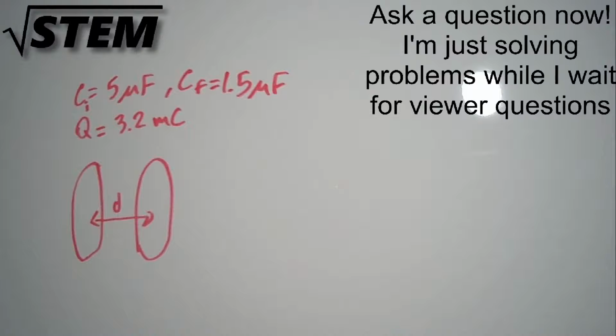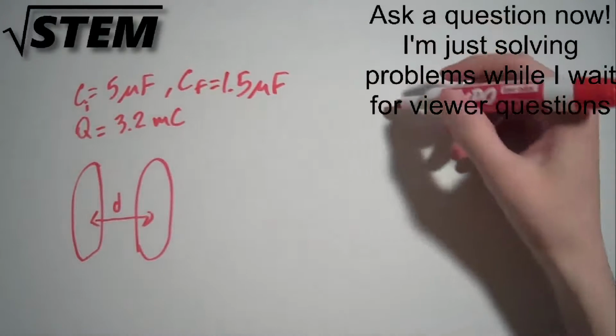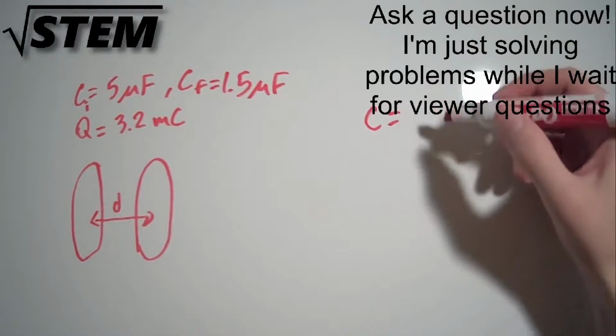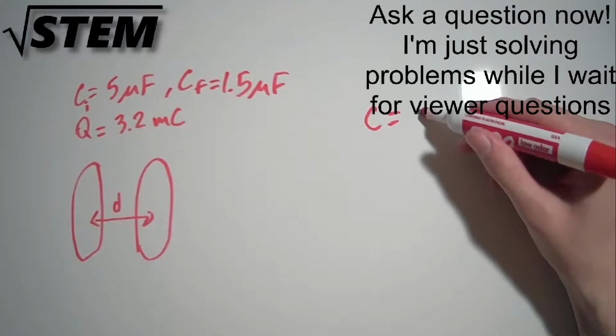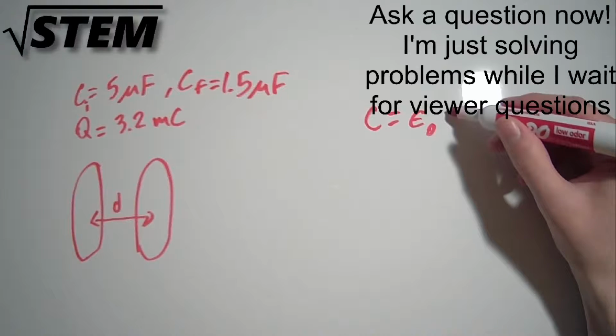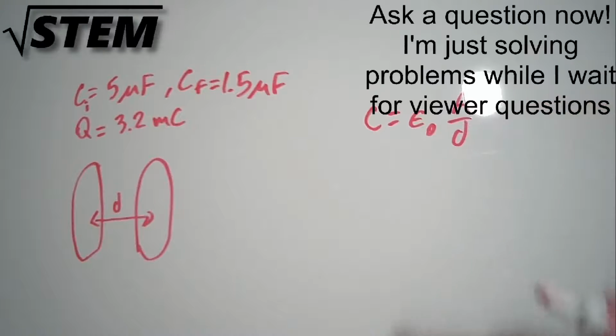So we'll need to look at our formula for the capacitance. That is C equals epsilon naught times A over D, if I remember correctly. I'll need to double check that.